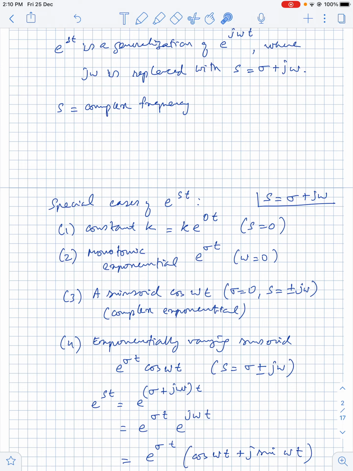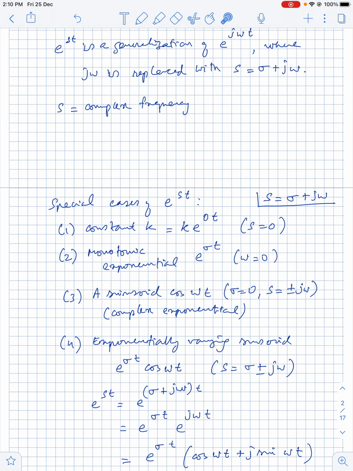This is nothing but a monotonic exponential function. If sigma is greater than 0, then this will be an increasing exponential, and if sigma is less than 0, then this will be a decaying exponential. But this is purely exponential. It will be like this or like this.